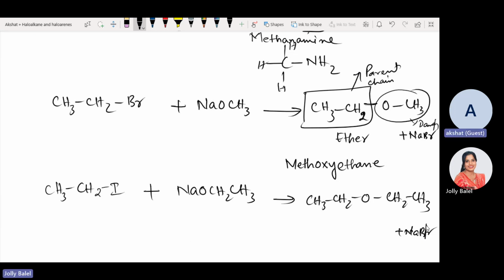Sorry, NaI. Right. Now, both of the sides have equal number of carbons. So you can make either of the chains parent. Both are having the same.